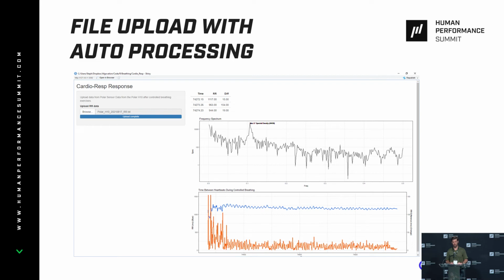Don't worry about what that means, but it's simply a number that is output from this metric. So the higher the peak spectral density, the better that cadence is for you. And this way, an individual can optimize their breathing cadence to get into that relaxed state as quickly as possible.